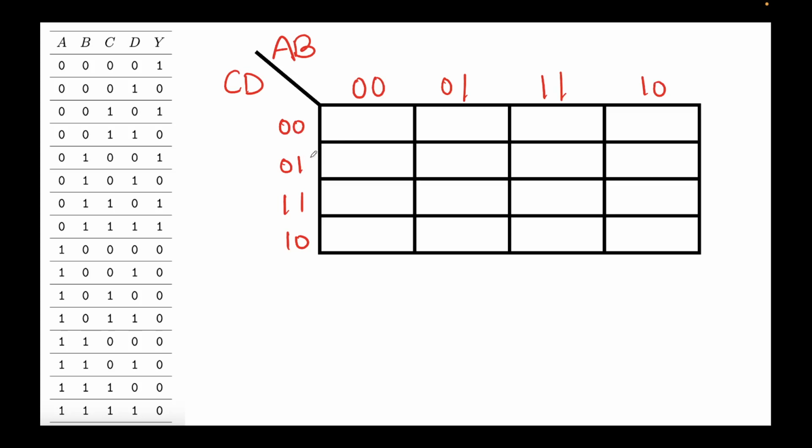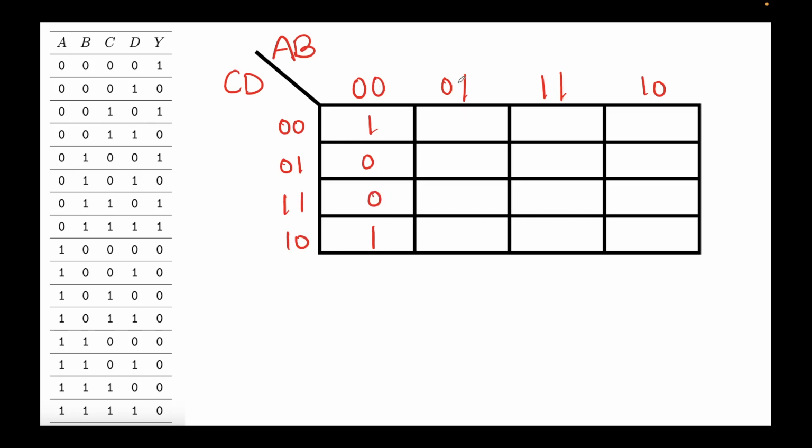Okay, now let's just quickly populate the truth table. So for 0, 0, 0, 0, value of y is 1. Correct? For 0, 0, 0, 1, AB is 0, 0. CD is 0, 1. This means this cell. This is 0. 0, 0, 1, 0. This value is 1. 0, 0, 1, 1. The value is 0. Next, 0, 1, 0, 0.